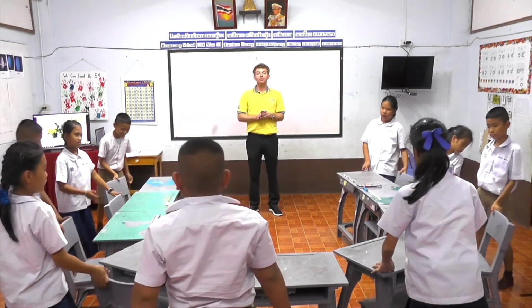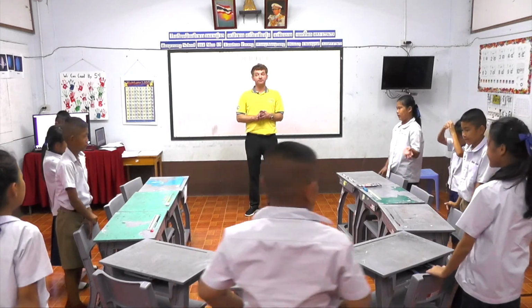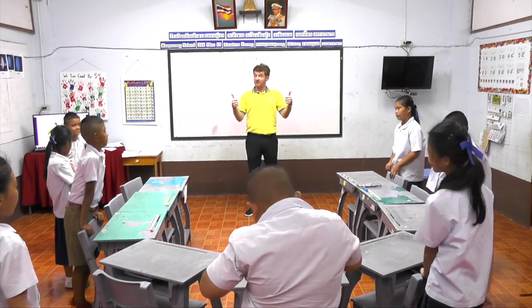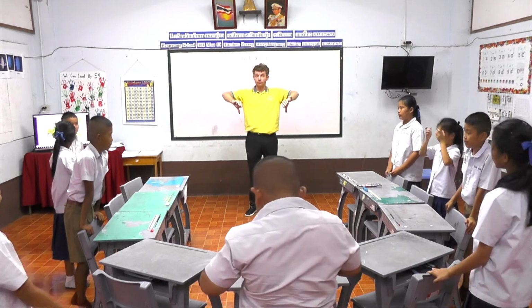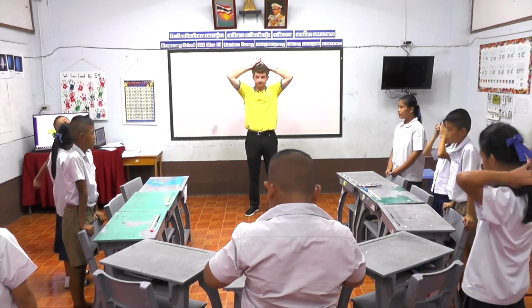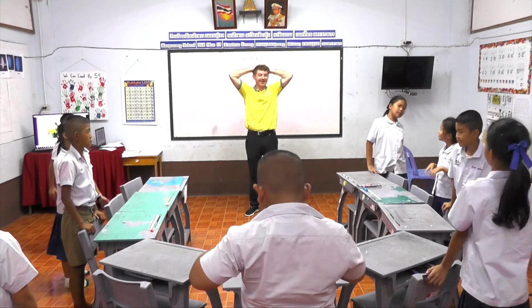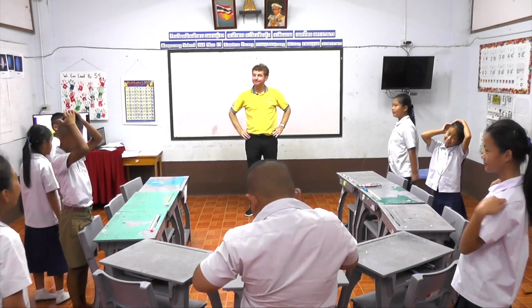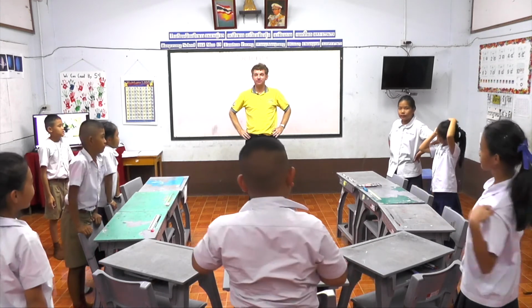And I think for this sequence, we'll have a game of teacher says. So listen carefully. If teacher says, we can do. If teacher doesn't say, don't do. Okay? So hands on head. Hands on hips. Teacher says, arms in the air.